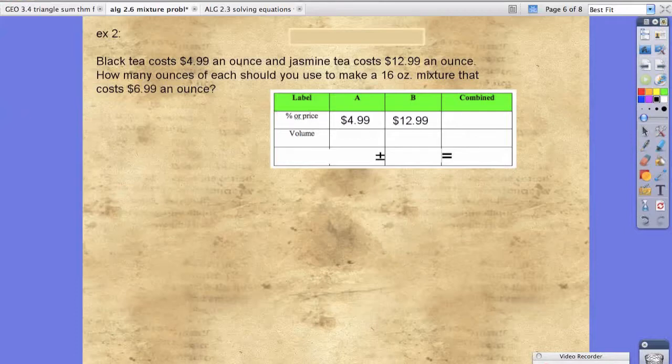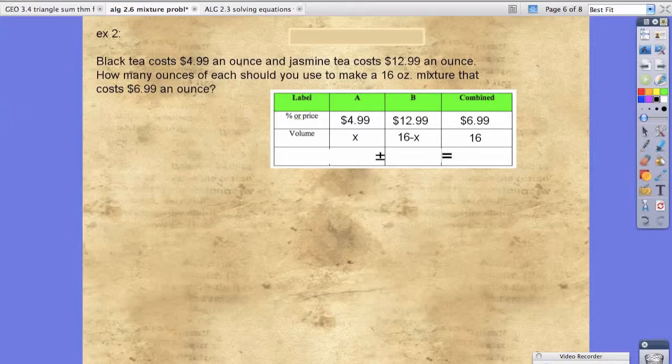Jasmine, $12.99, and combined that should be $6.99. So the volume for the $4.99, surprise, surprise, we don't know. So we're going to give it a variable, which in this case is x. We do know how much we have for the total mixture, which should be 16. So rightfully so, this should be 16 minus x.